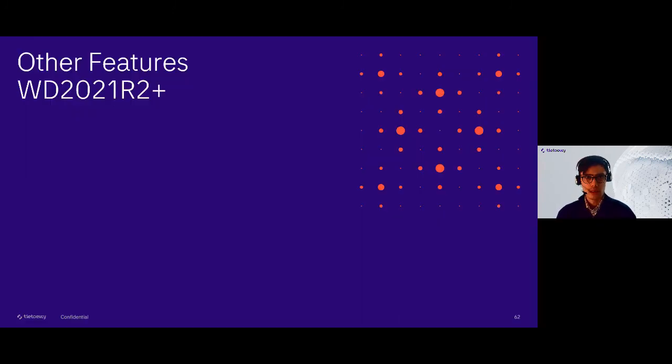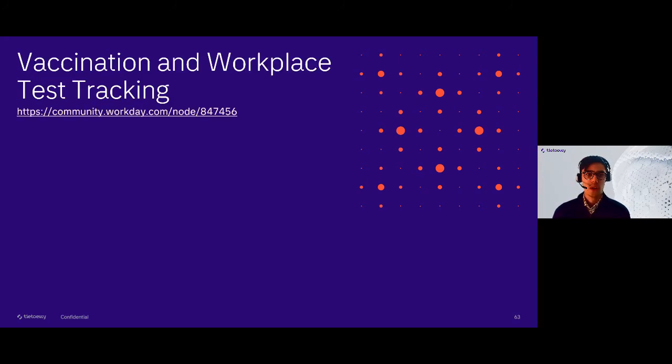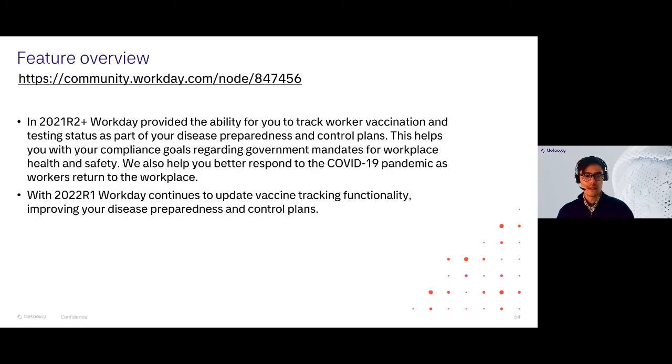And moving on to the Workday 2021 R2 Plus features, we have the vaccination and workplace test tracking topic. This was launched a short while ago and is constantly improving.